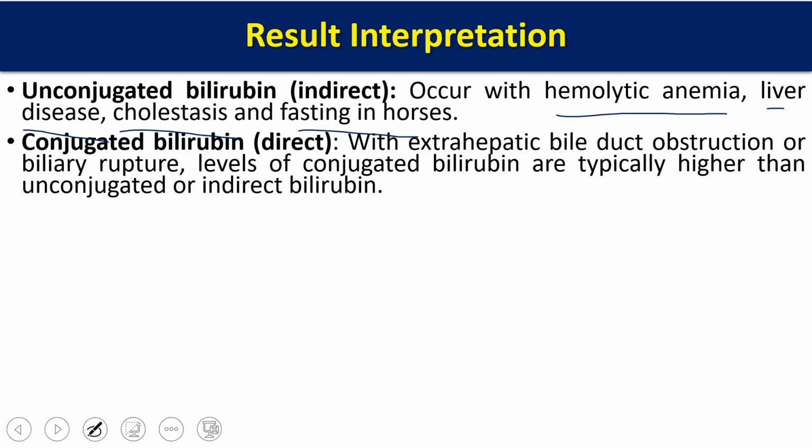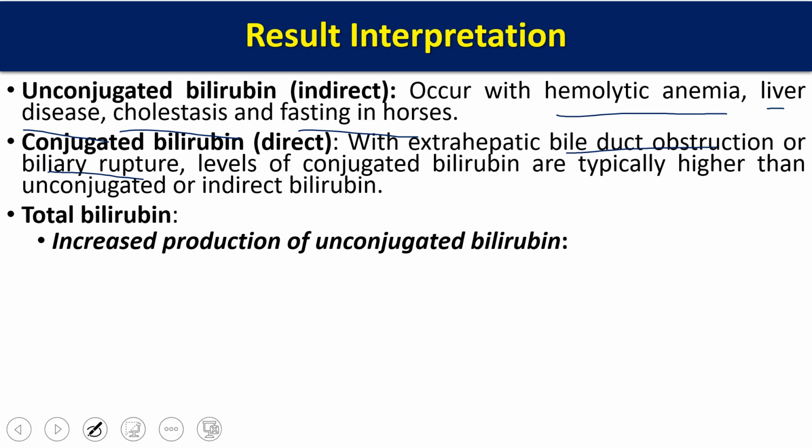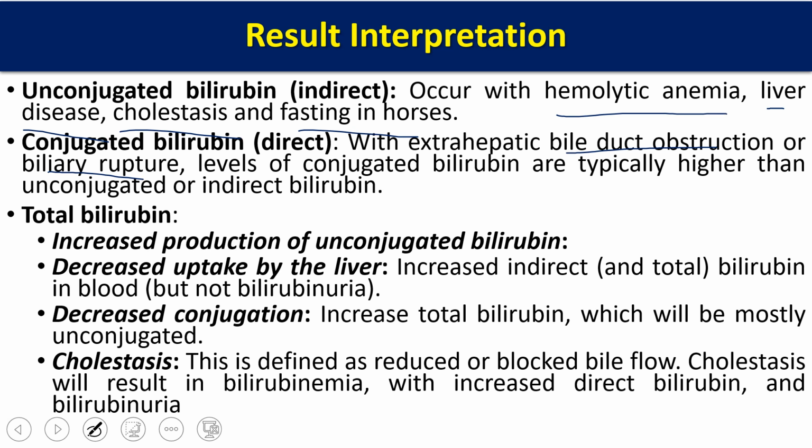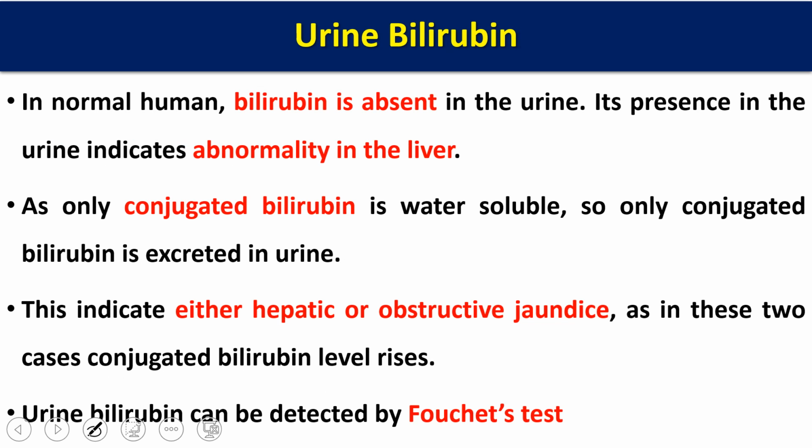Conjugated bilirubin, which is direct bilirubin, increases in case of extrahepatic, meaning outside the liver cells, bile duct obstructions, biliary ruptures, or any kind of gallstones. Total bilirubin rises either due to increased production of unconjugated bilirubin, decreased uptake by the liver, decreased conjugation, or cholestasis. So these may be the different reasons. On the basis of which type of bilirubin you have detected during the Van der Bergh test, you can identify which type of jaundice is there.